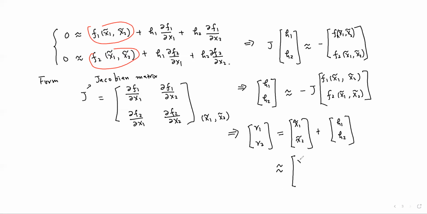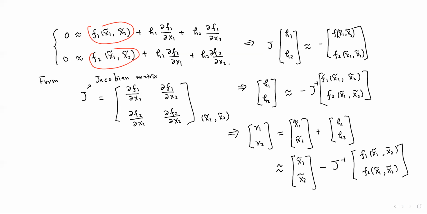Roughly it is x1 tilde, x2 tilde minus the Jacobian inverse. Sorry, inverse, because I moved the Jacobian matrix to the right side. So inverse times f1, f2 at x1 tilde, x2 tilde.